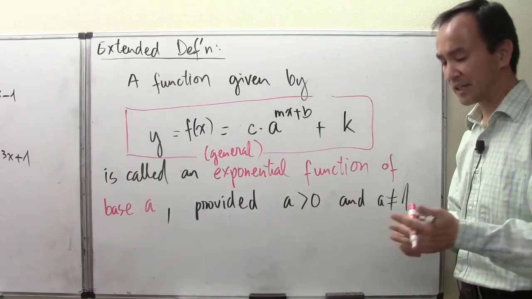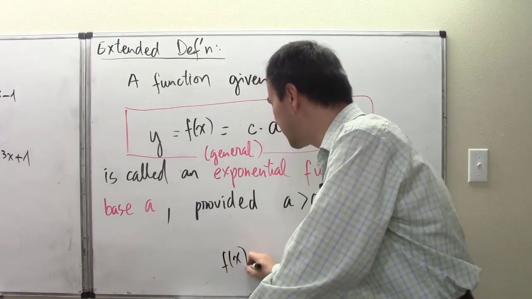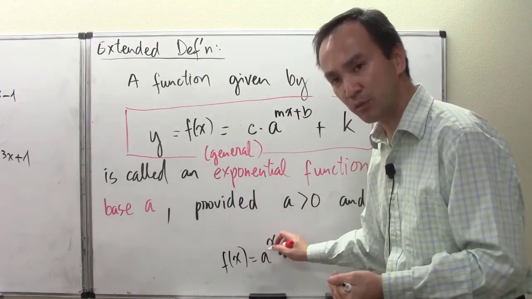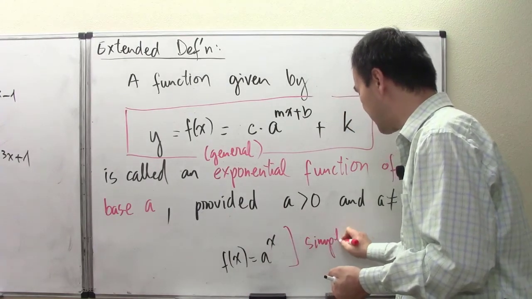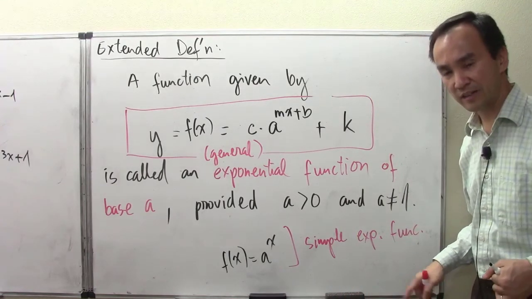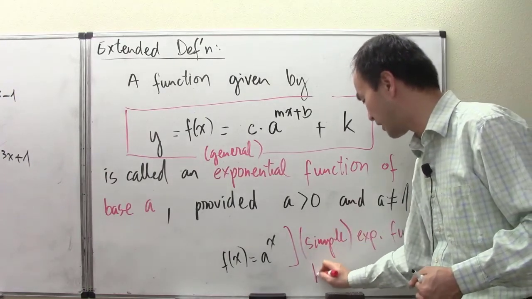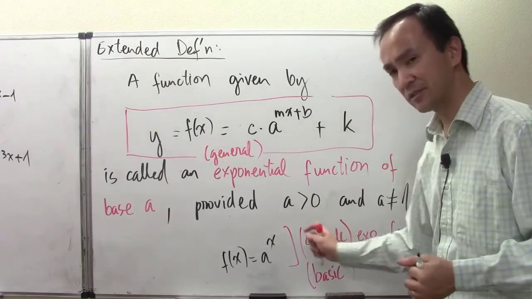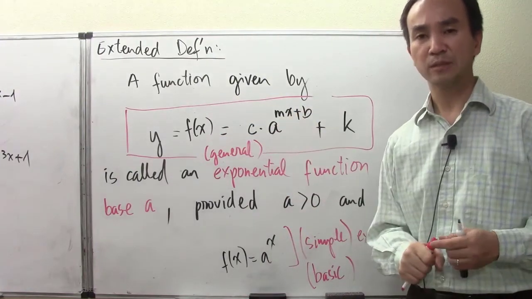Whereas the earlier definition, where we simply had a to the x, with a positive and a other than 1, was also an exponential function, but some people call that a simple exponential function, or a basic exponential function. I agree with both, because these refer to the building block of how we come up with this general exponential function.